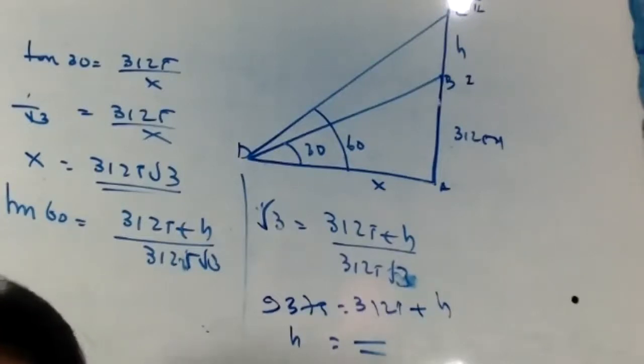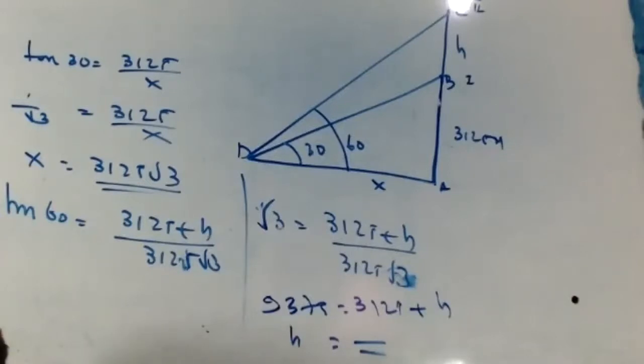Road, R-O-A-D, yes. Two poles of equal heights are standing opposite to each other on either side of the road, which is 80 meter wide.